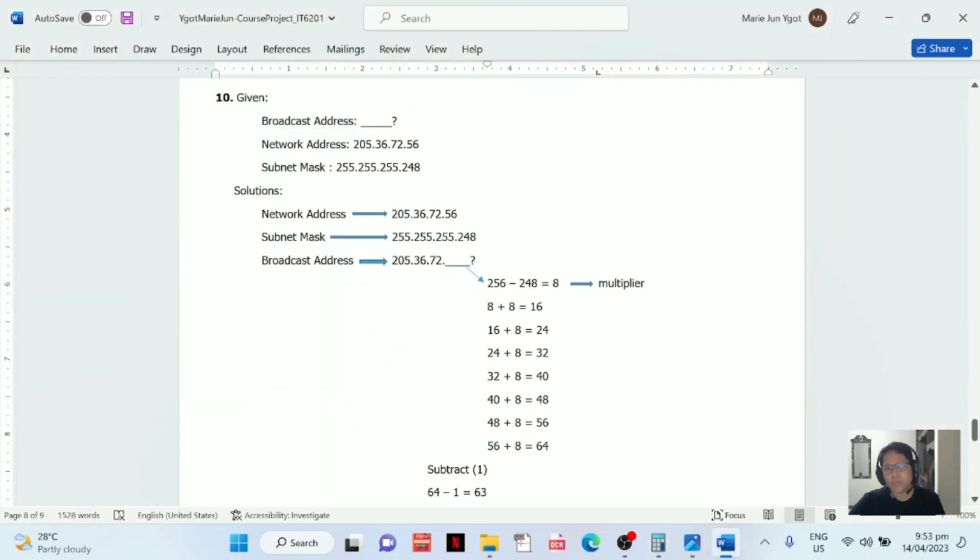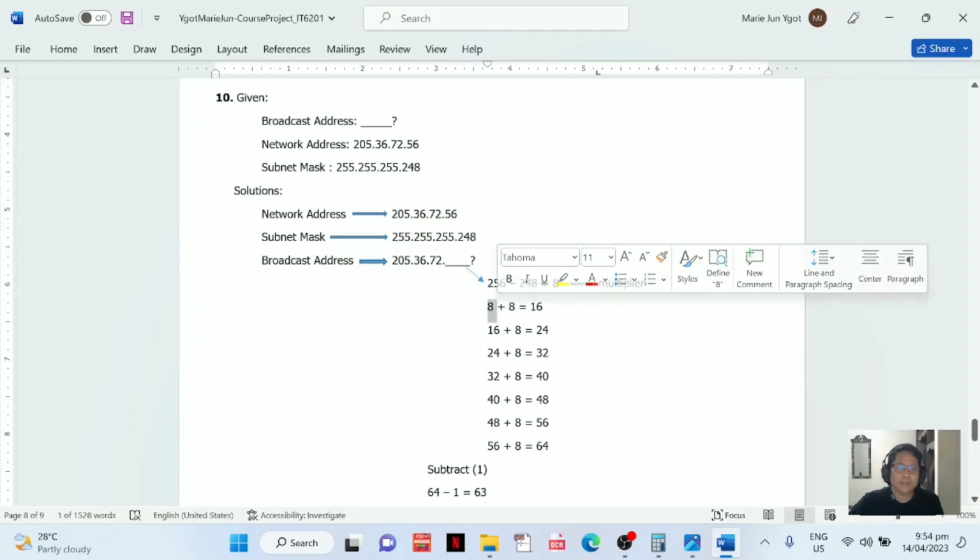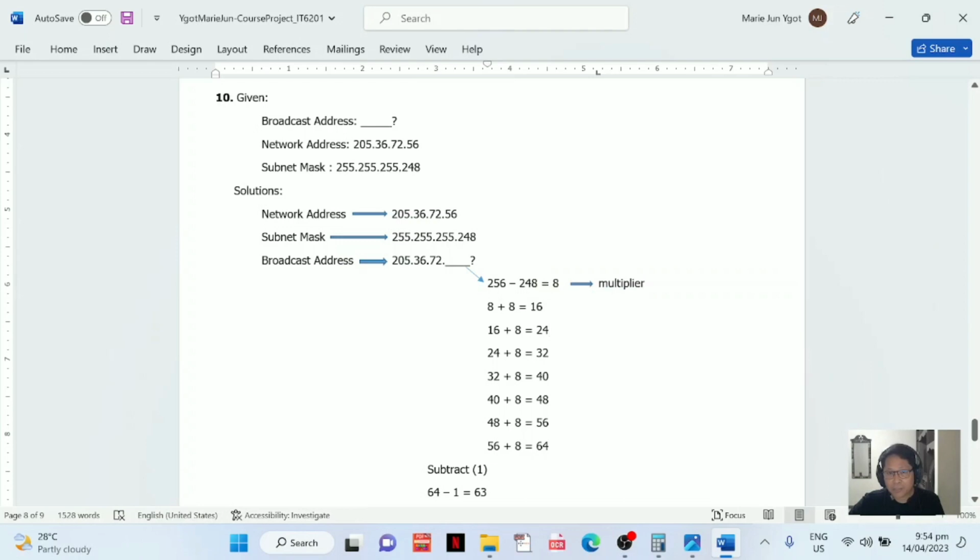So now we have a multiplier of 8. Again, we're going to find a number which is greater than 56 and nearest to 56 by using our multiplier, 8. So we need to find a multiple of 8 that is greater than 56.